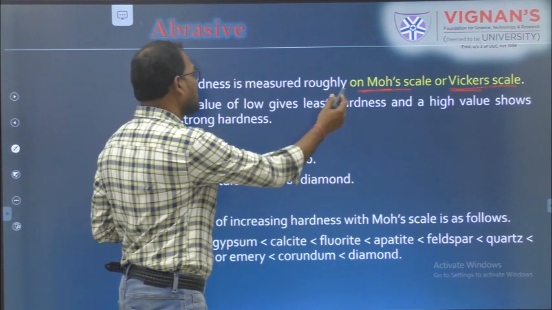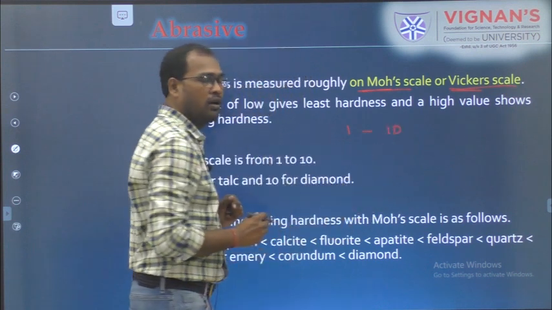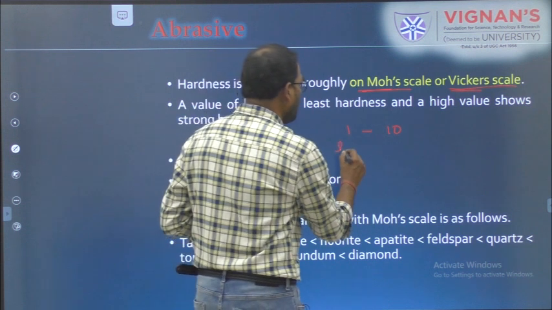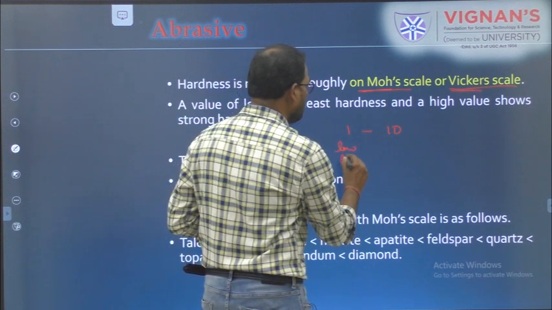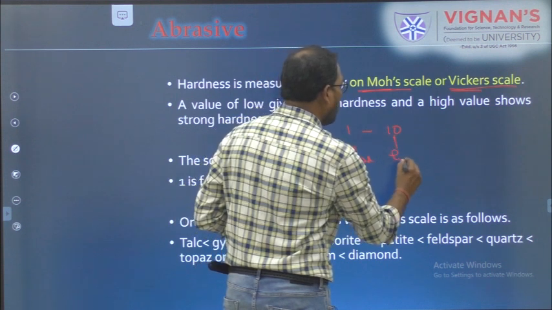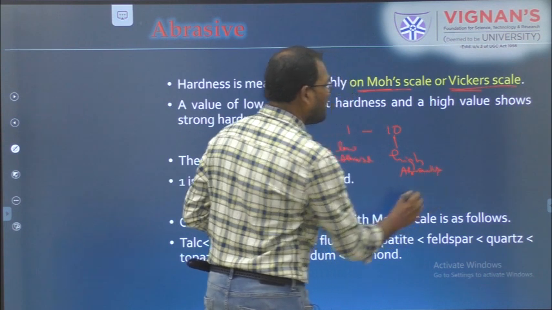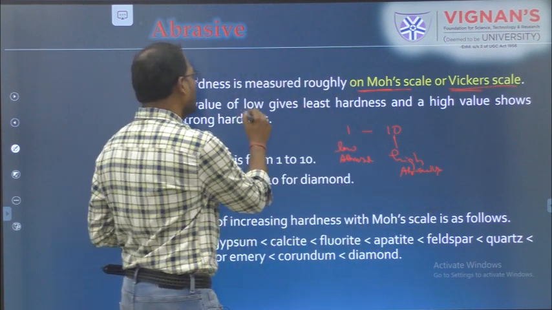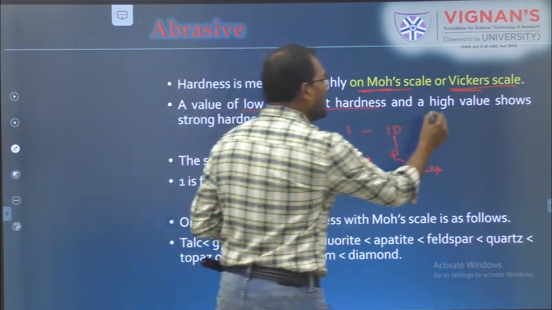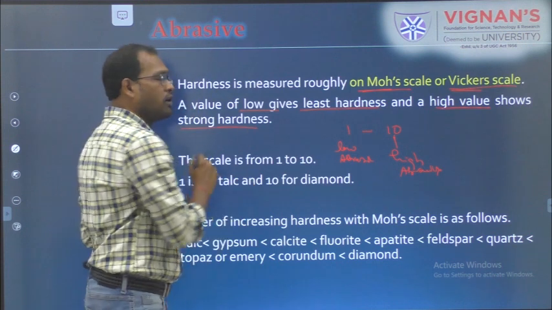This Mohs scale ranges from 1 to 10. 1 is given for a low abrasive material, right, and 10 is given for a high abrasive material. A low abrasive material will have the least hardness, and a high Mohs value will have a strong hardness.